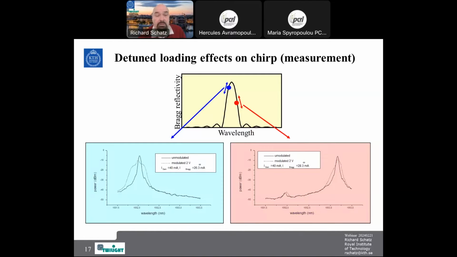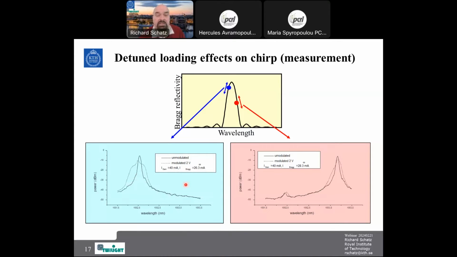Also the chirp will reduce a lot, and this here is the spectrum during modulation, the spectral broadening, and the spectral broadening becomes much less if you are on the long wavelength flank than if you are on the short wavelength flank when you modulate. And this is because then the chirp factor of your laser, the structural chirp factor, will reduce.